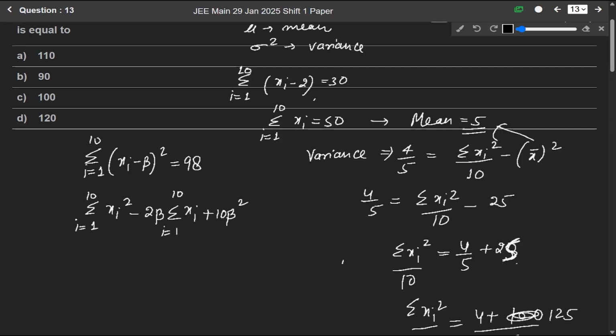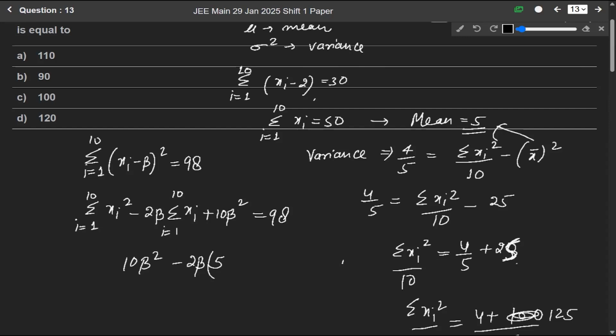So it will be 10 beta square, equal to 98. So 10 beta square, this will be minus 2 beta, and this is 50.